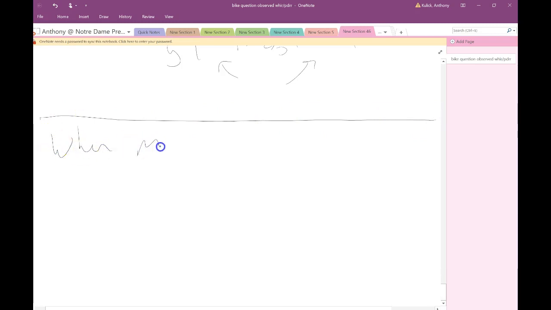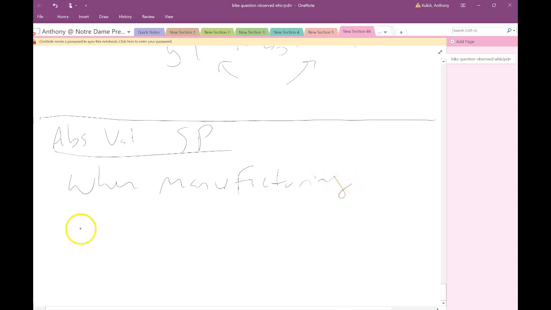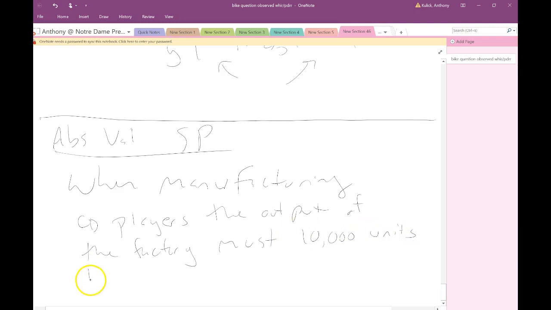Let's see. So this is an absolute value story problem. When manufacturing, I don't know, CD players, the output of the factory must be 10,000 units plus or minus 1,000.